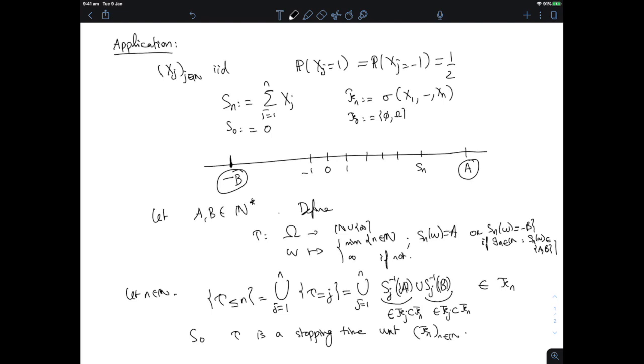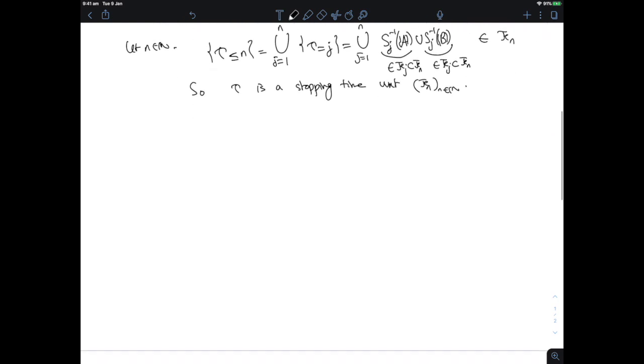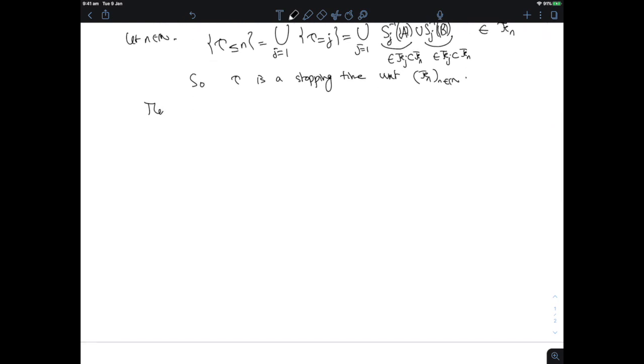Okay, so I have a stopping time. What do I get from theorem 2.1.2? I get that the stopped martingale S_n minimum tau is also a martingale with respect to that same filtration. Right.